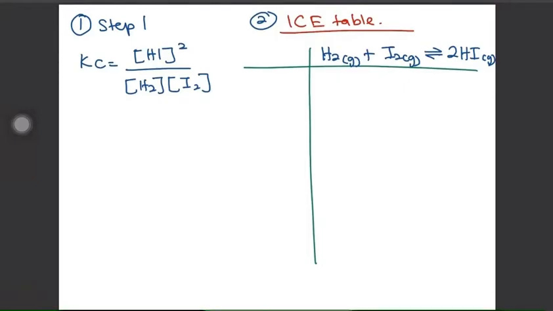Next, I want you to draw a dotted line directly below the reversible arrow. Now we are going to fill up our table with the letters I, C, E. So what are these? They are initial, change, and equilibrium.